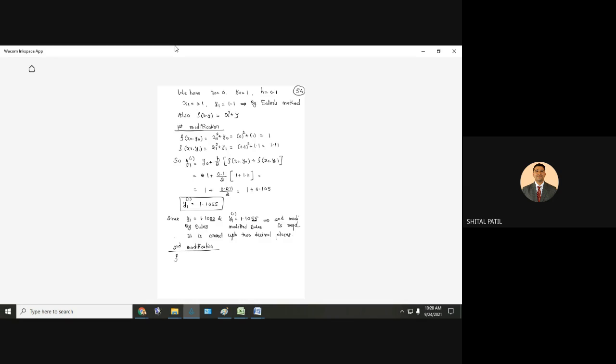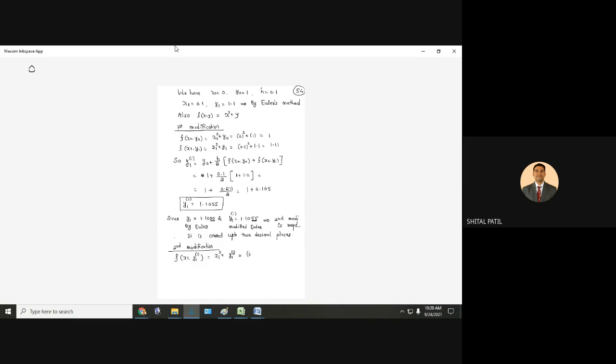Okay, so f of x1 comma y1 raised to 1, that we want to find. That is x1 square plus y1 raised to 1. It is not power, this is notation for the first modification.